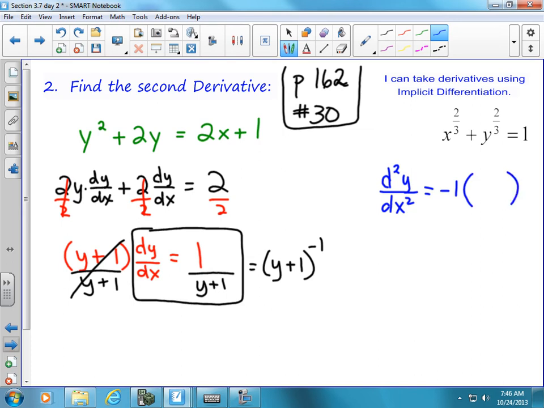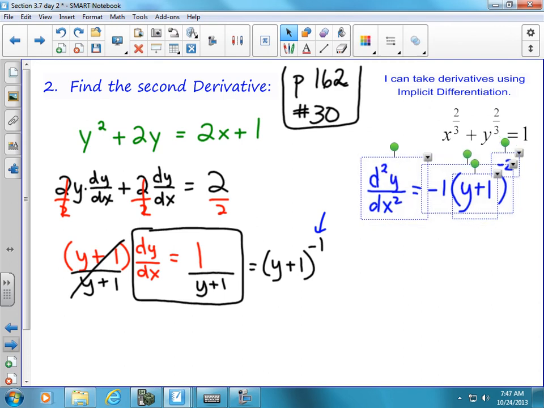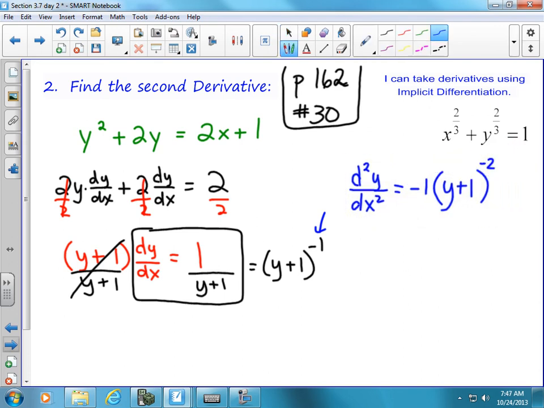This is an outside-inside, by the way. Subtract 1 from negative 1, you get negative 2. So multiply by the exponent and then subtract 1. Leave this y plus 1 in there, but don't forget to multiply by the derivative of the inside. The derivative of the inside is just dy dx, or 1 times dy dx.